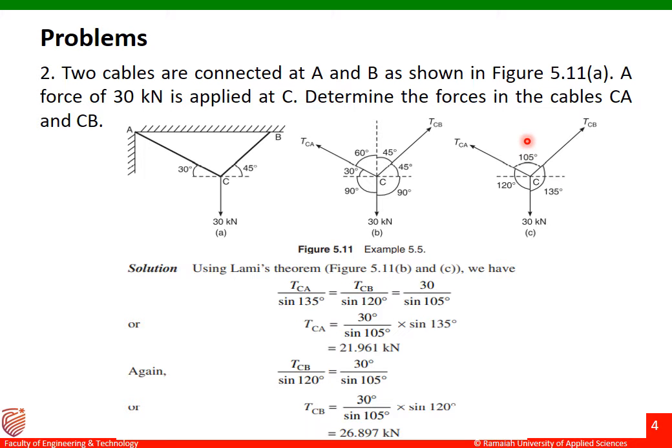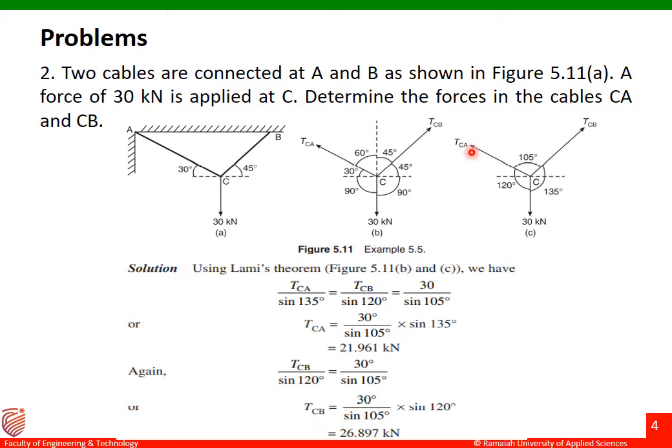So this completes my free body diagram. Here we can see the magnitude of each force, 30 kilonewton, TCB and TCA, and the angles made by the different forces are written over there.